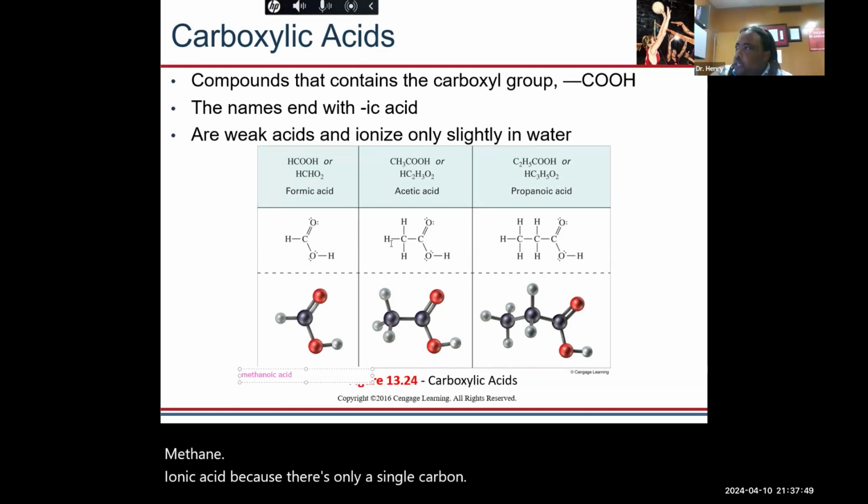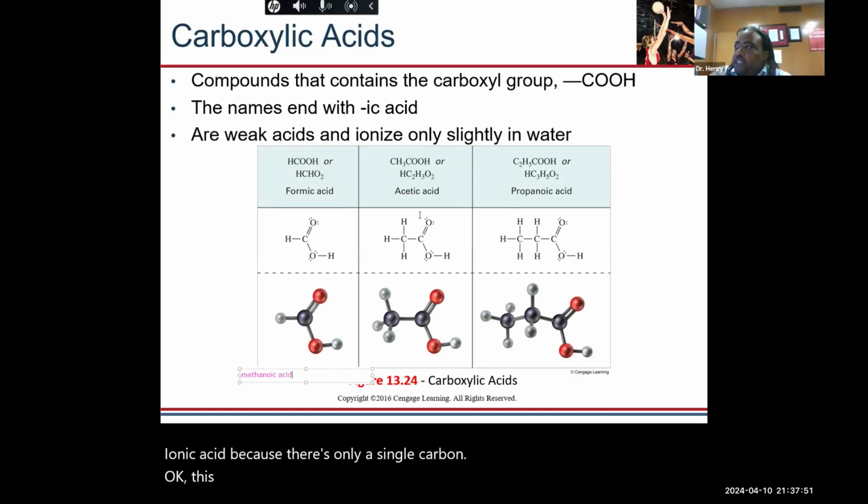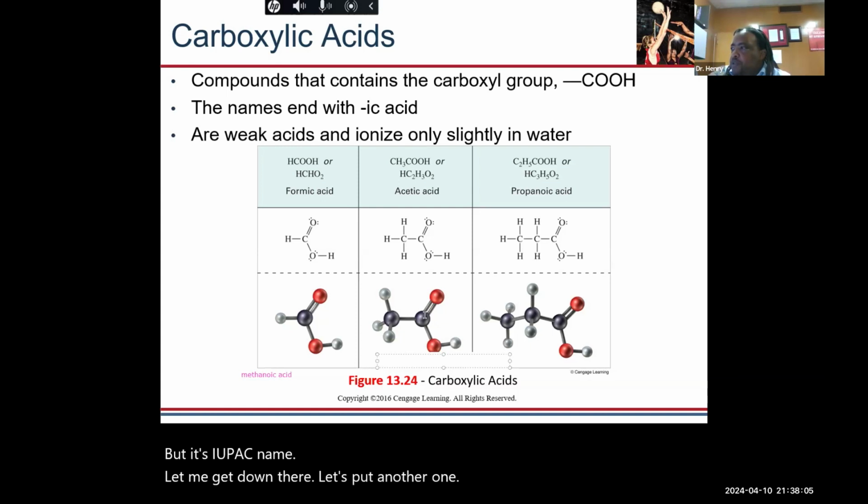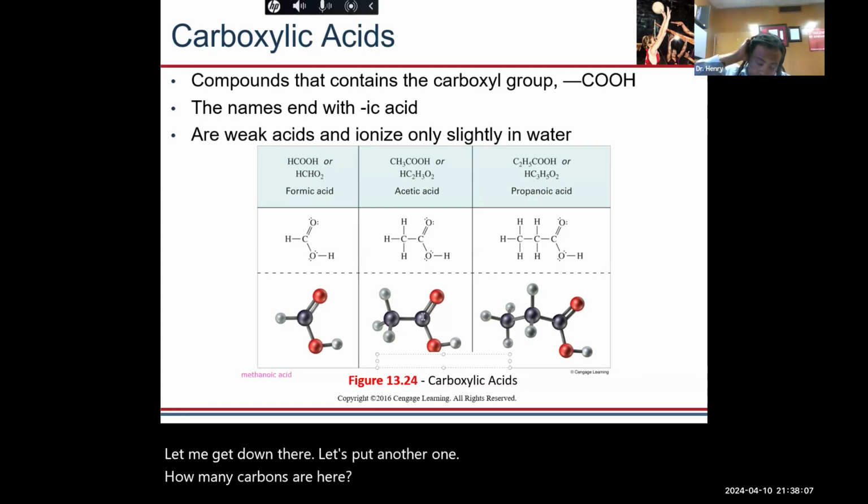This one here, its common name is acetic acid, which we also know as vinegar. But its IUPAC name, let me get down there. How many carbons are here? Two. So what was the prefix for two?